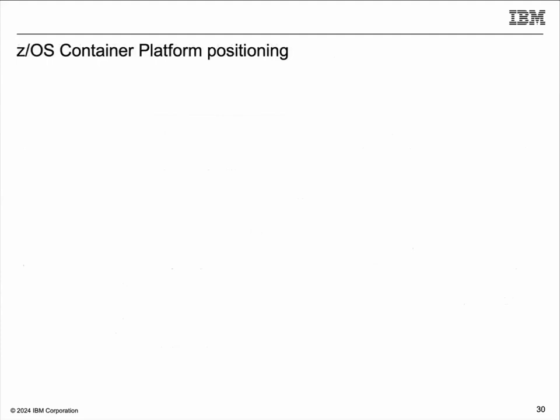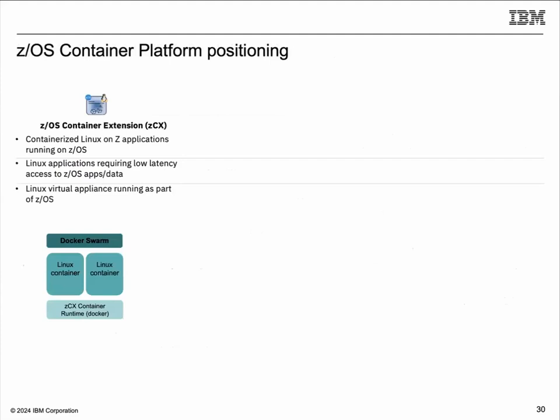So the first question you might be asking is, don't we already run containers on zOS? And the answer is not really. We do have something called zOS Containers Extension, which allows you to run containerized Linux on Z applications.